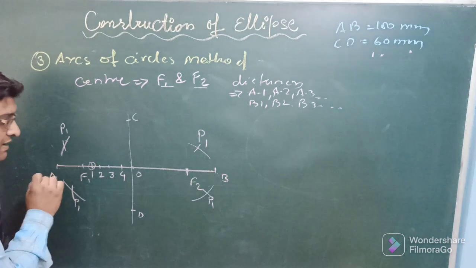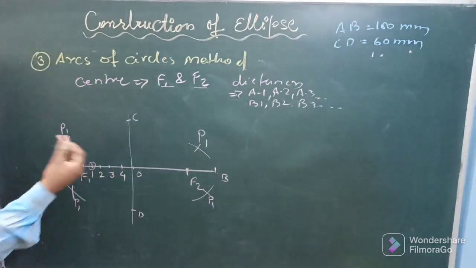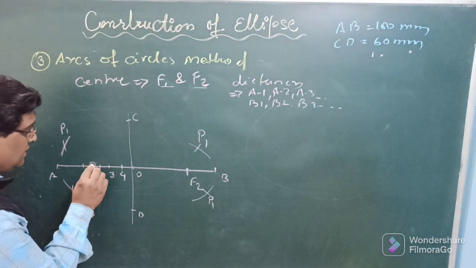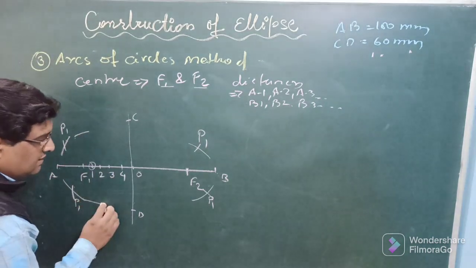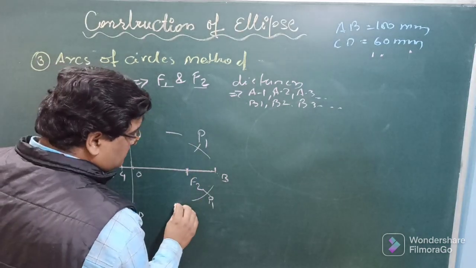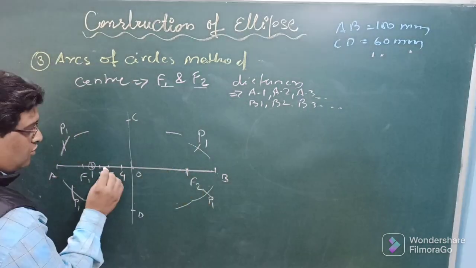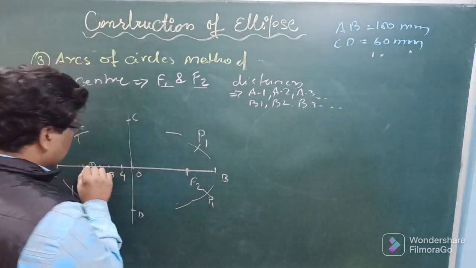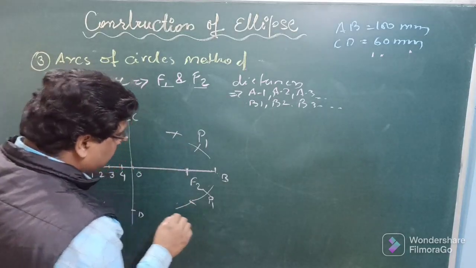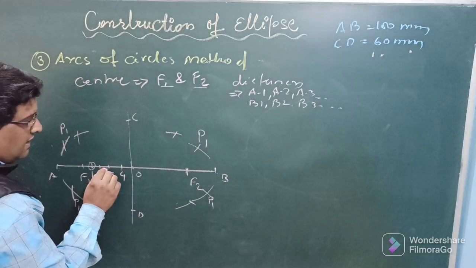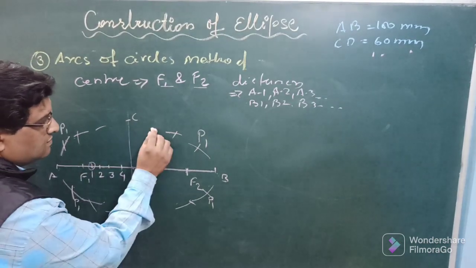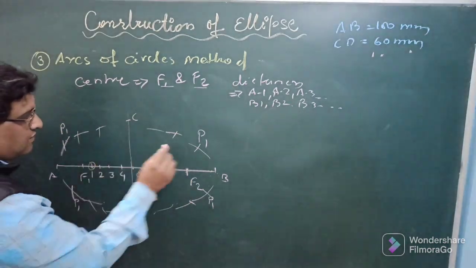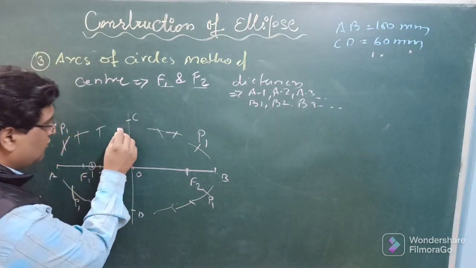When we select 1, you will be getting 4 points. Similarly take A2 radius, center will be F1, draw 2 arcs here, center will be F2, draw 2 arcs this side. Then take B2 radius, center will be F2, cut these 2 arcs, center will be F1, cut these 2 arcs. And similarly A3 you can draw 4 arcs with B3, F2 this one, F1 this 2, and A4 also.